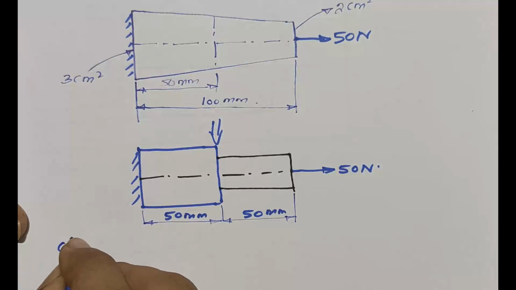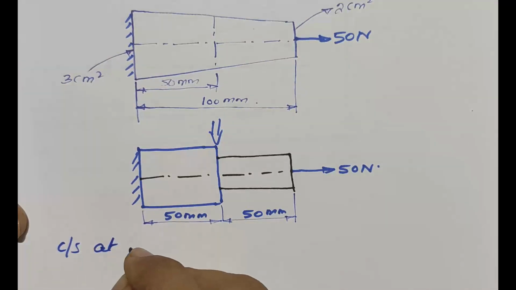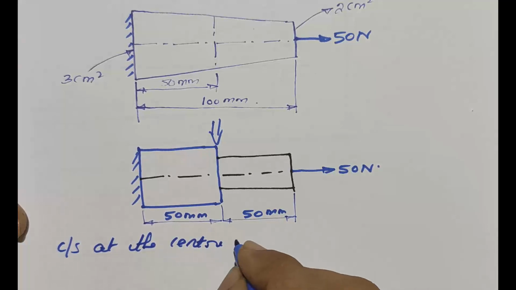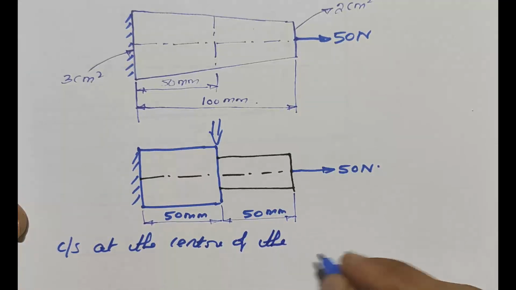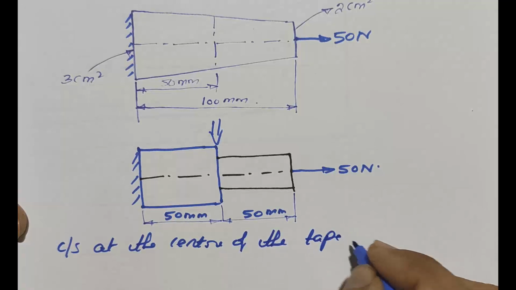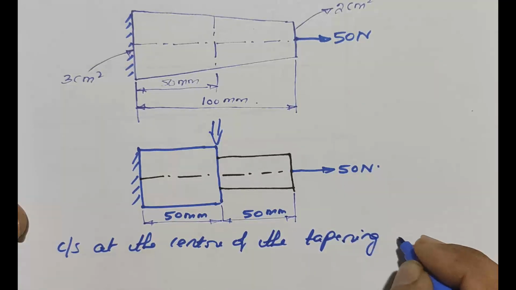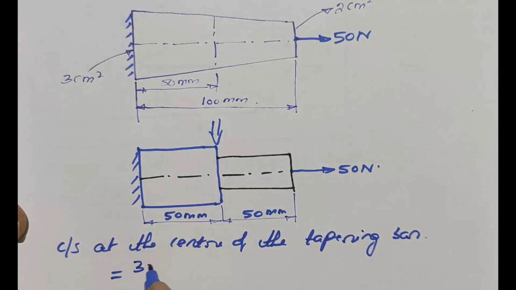So cross section at the center of the tapering bar, that will be equal to 3 plus 2 by 2, that is 2.5 centimeter square.